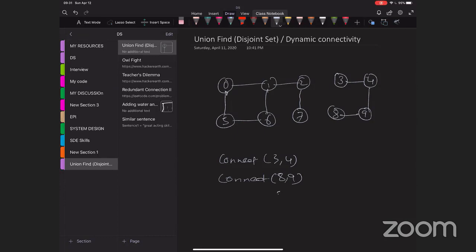With this connection, if I ask whether 0 and 7 are connected, what answer am I going to get? Yes. And 8 and 9, yes. But 8 and 0, no, right?